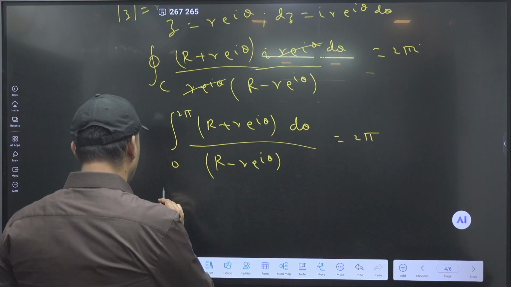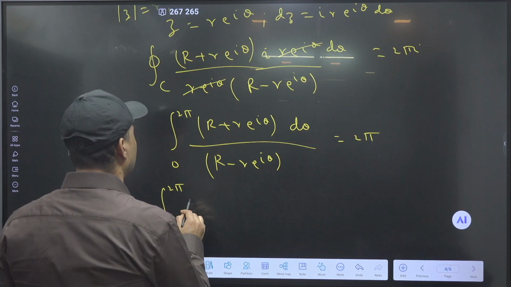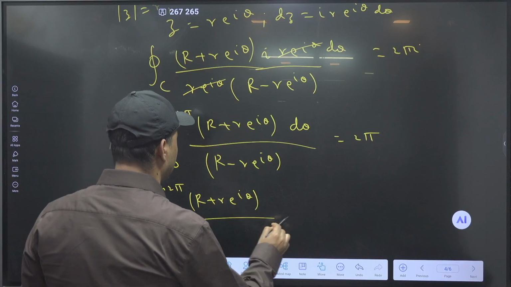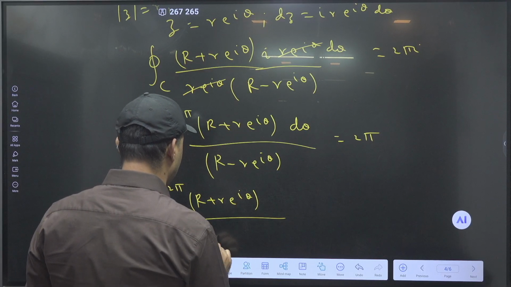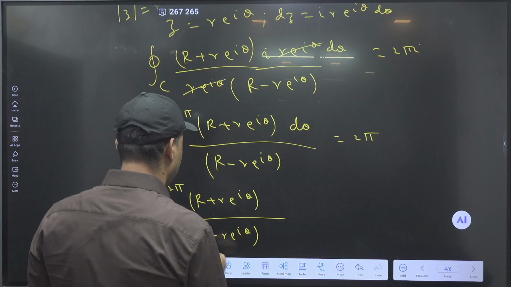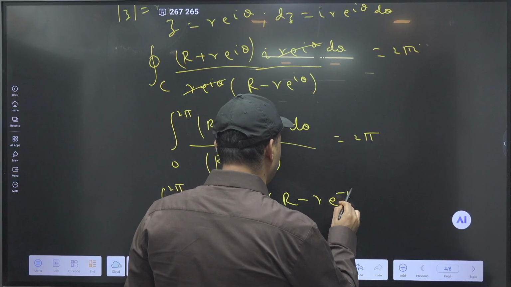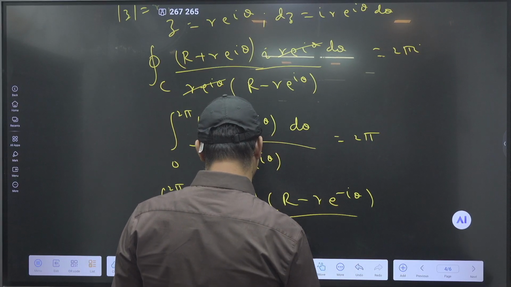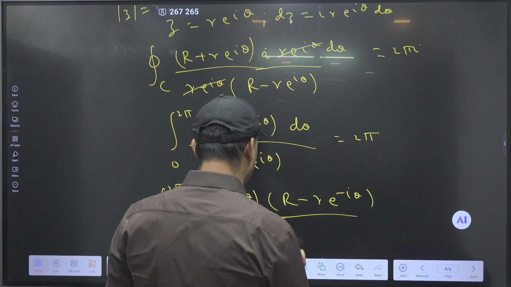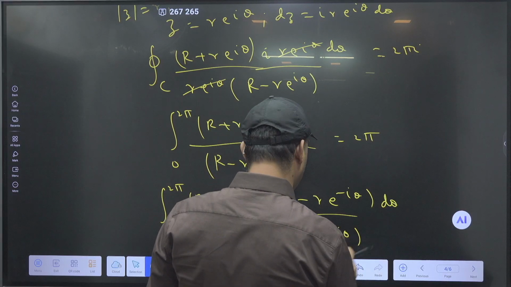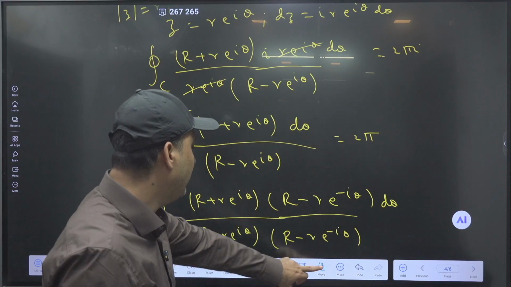So what I do, I multiply, and so I can write this as R − r e^{−iθ} in numerator and denominator, because I want certain things.